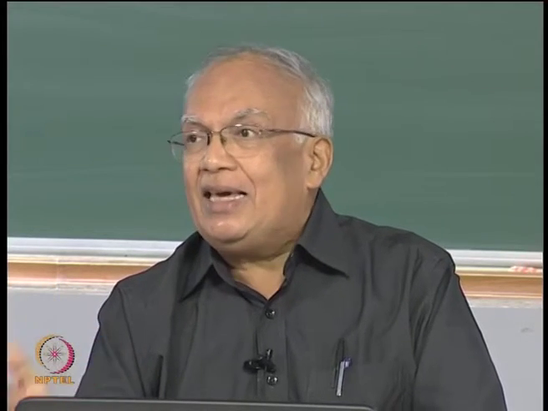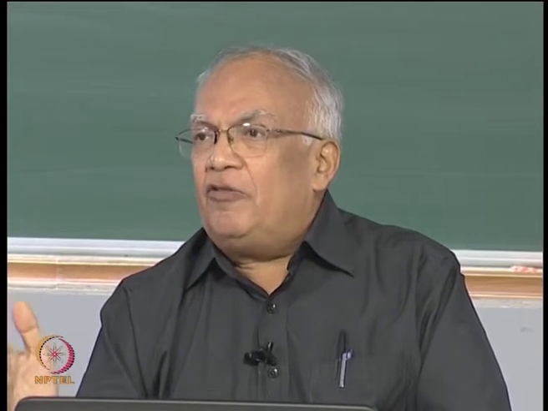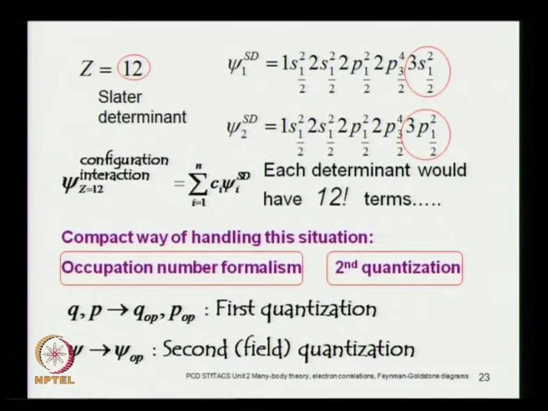Now in the second quantization method, so it is a technique, okay, and because it is quantization of the scalar field, it is sometimes also called field quantization, but these are different expressions to talk about the same technique. The technique is essentially that of occupation number formalism, also called second quantization or field quantization, field theory, and all of these are related terms.